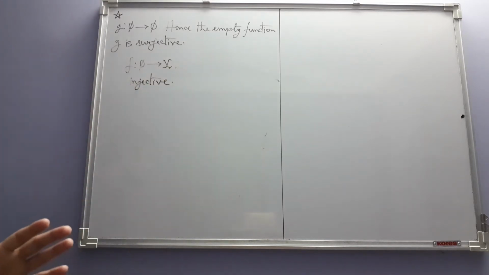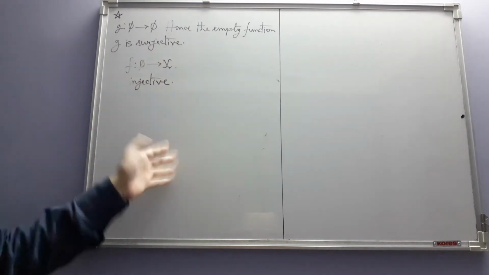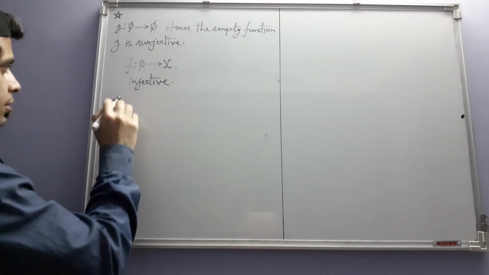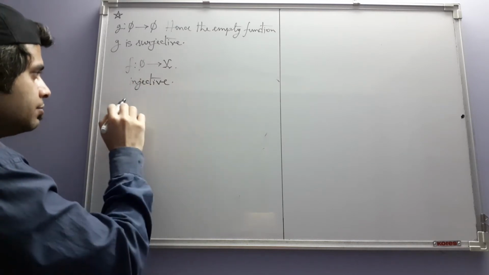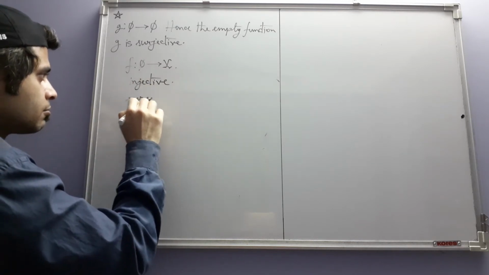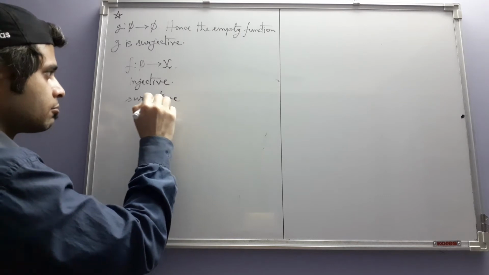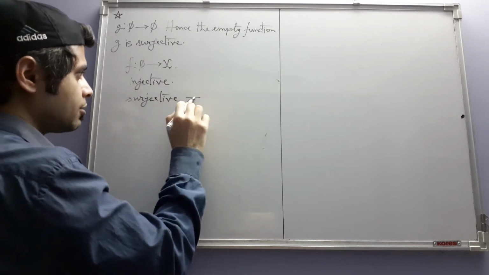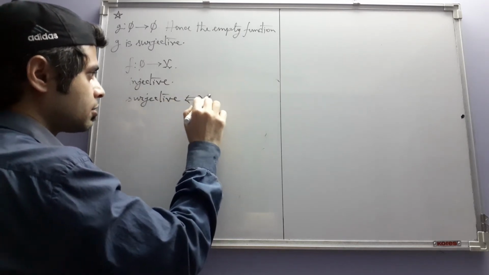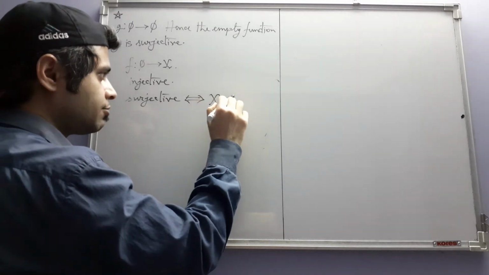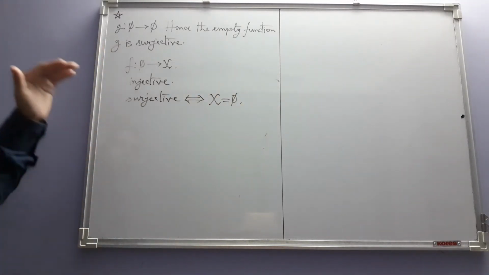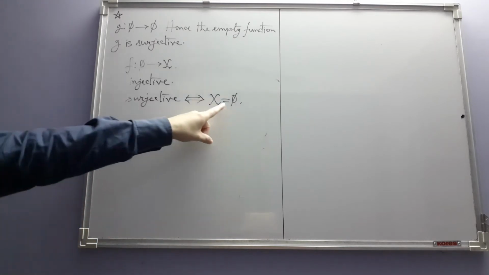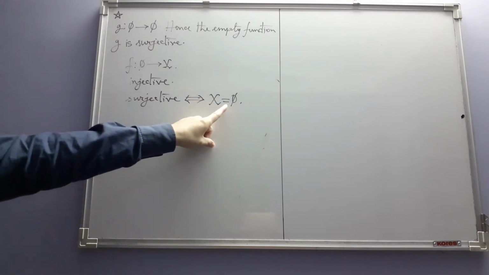Every empty function is injective irrespective of the range, and the empty function is surjective if and only if the range is itself the empty set. So that means the empty function is bijective if and only if the range is empty.